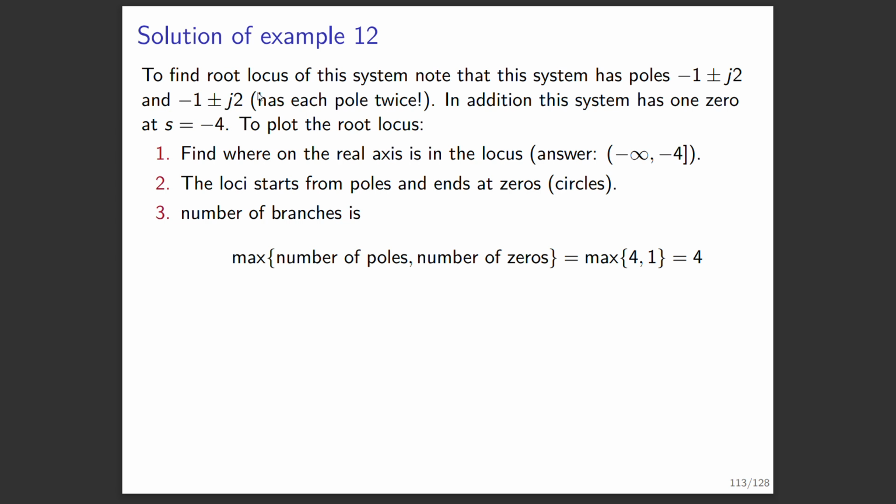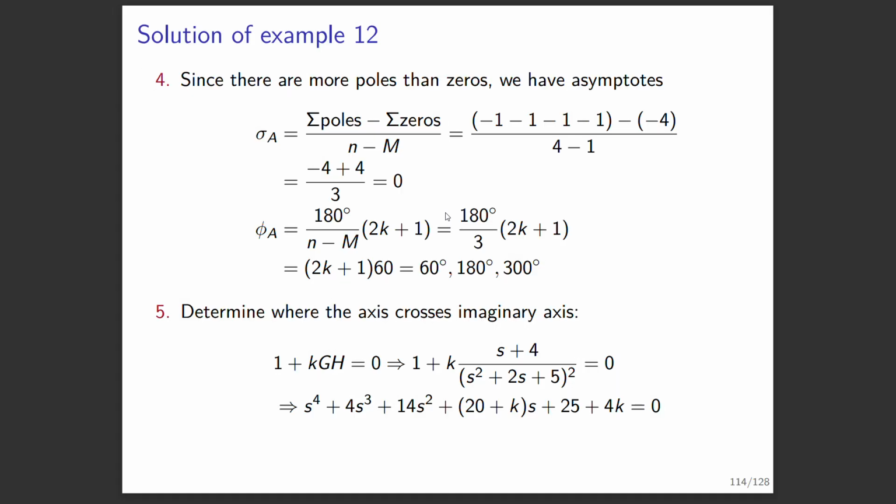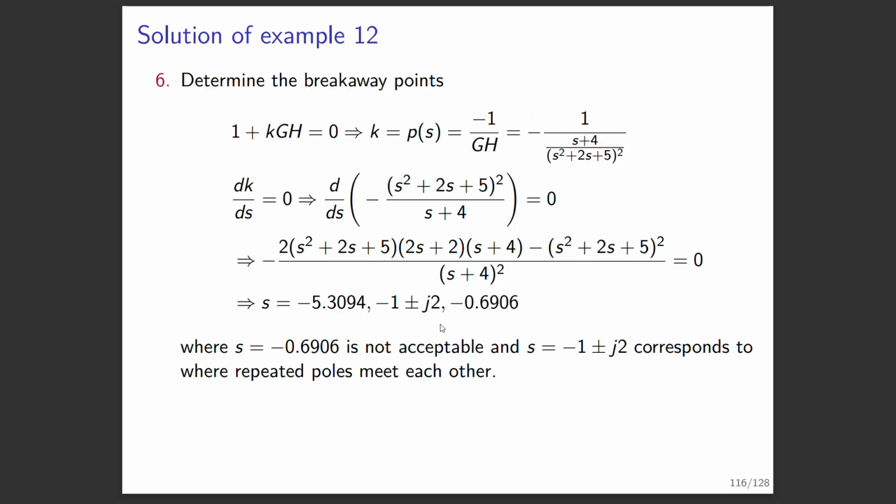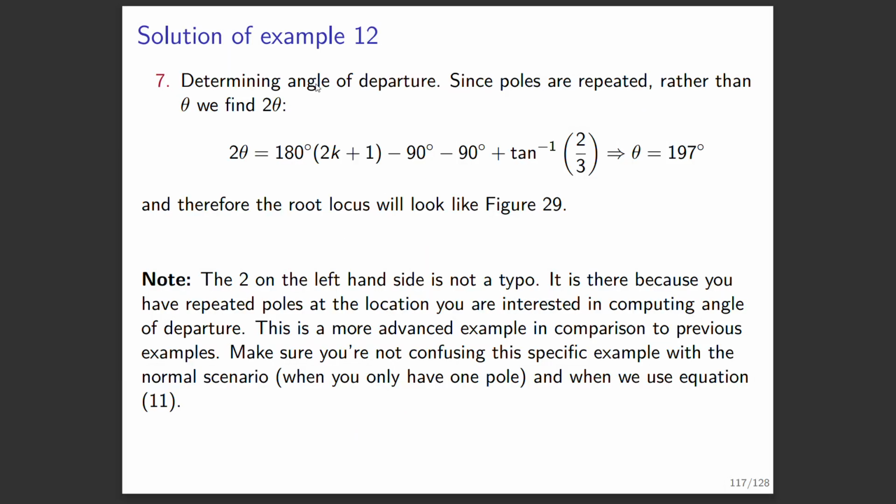So if I find where on the real axis is in the locus, if I find the number of branches, the location and angle of asymptote, it's all the same way that we did before. I can also determine where the locus crosses the imaginary axis. It's all similar. The important part, though, is the last part, when you determine the angle of departure.